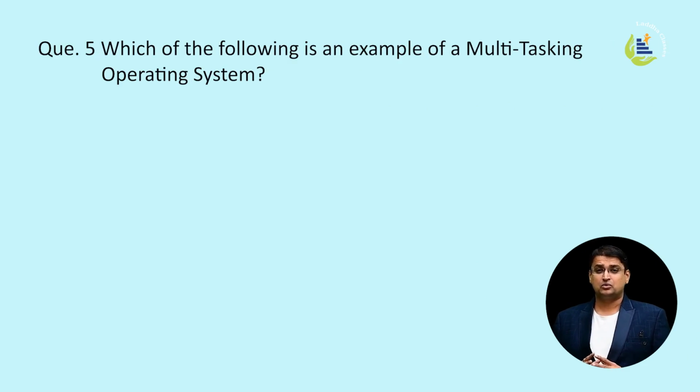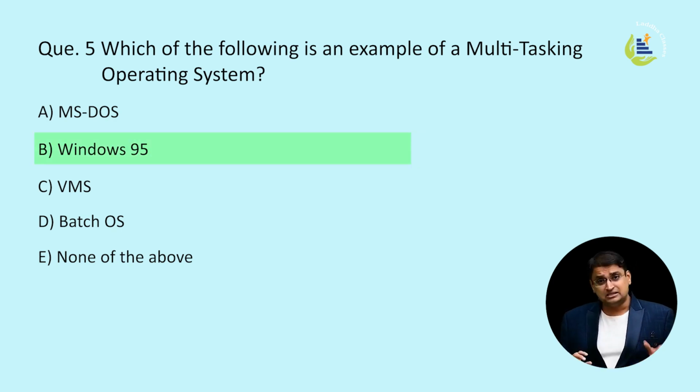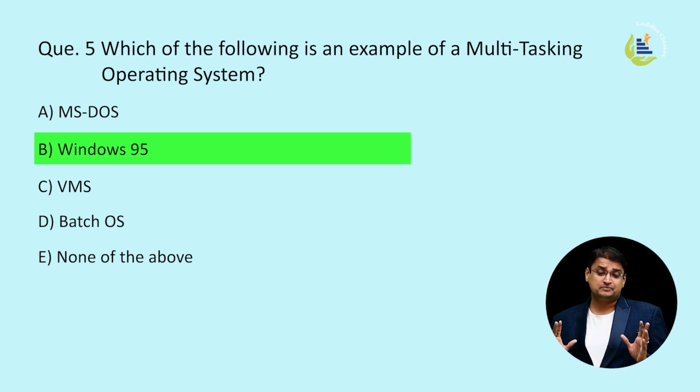Question 5. Which of the following is an example of a multitasking operating system? Options are MS-DOS, Windows 95, VMS, Batch OS, none of the above. Correct answer option is B, Windows 95.